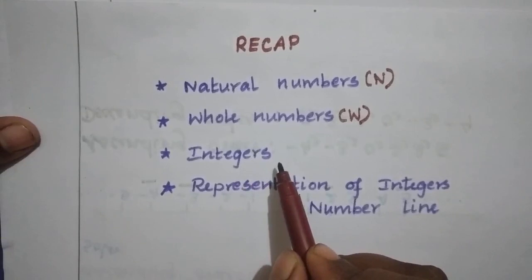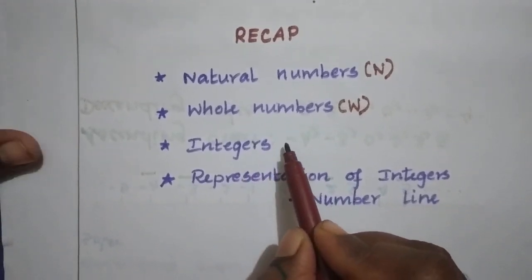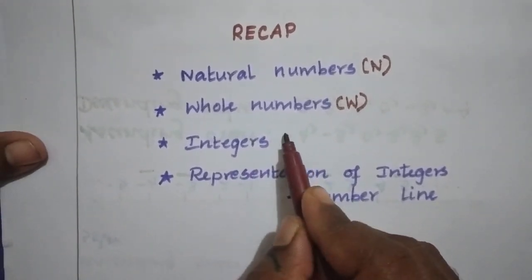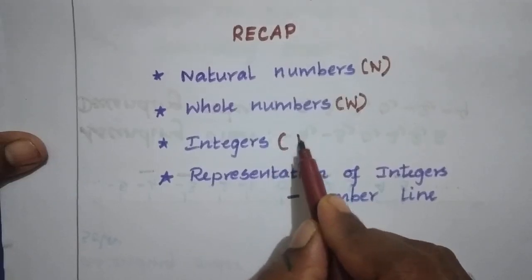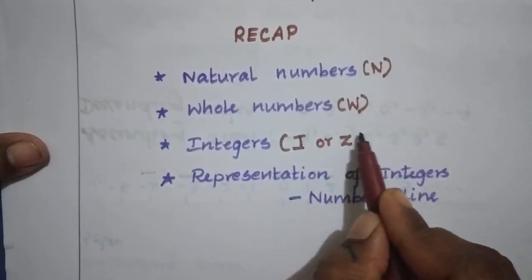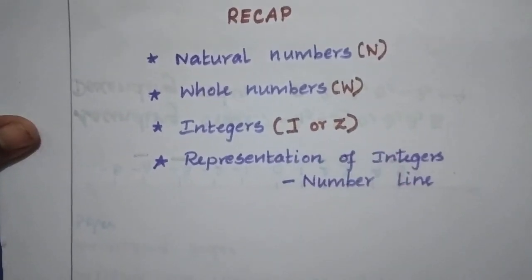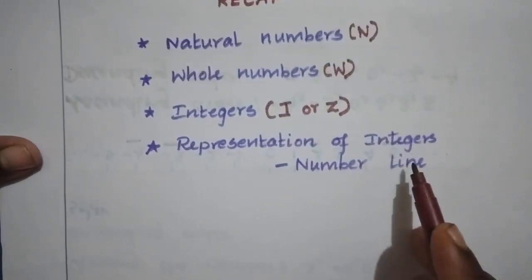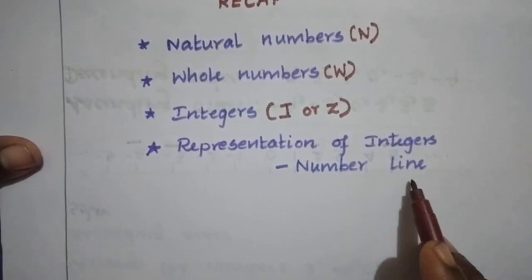Integers. If we add negative numbers to the whole numbers, then we get integers. Integers are denoted by the symbol capital I or Z. And we have learned the representation of integers using a number line.